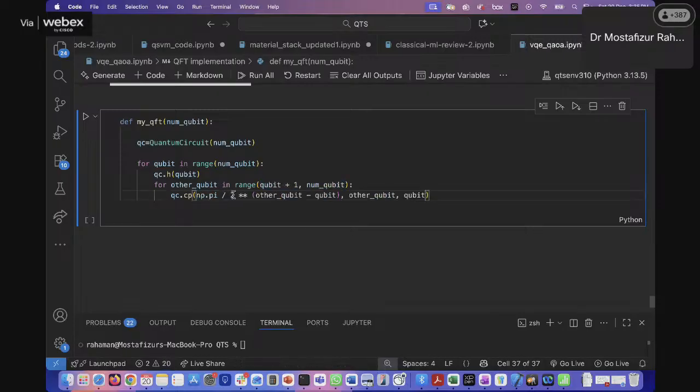So np dot pi by 2 to the power of other qubit minus qubit.